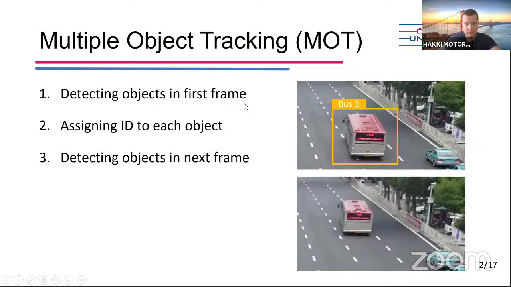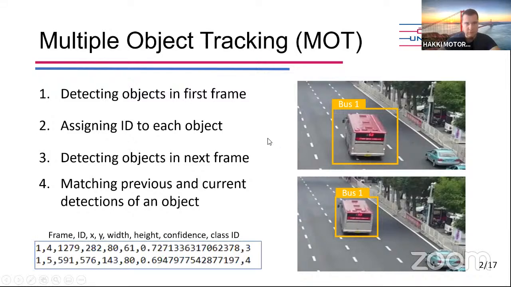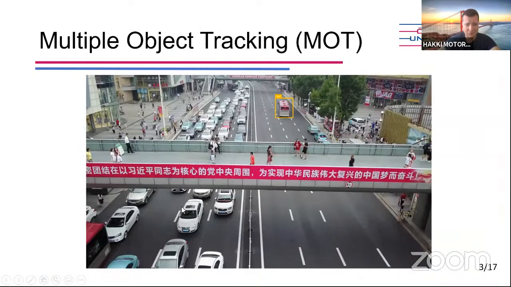In a consecutive frame, we apply the same detection procedure again, and hopefully find the same bus. And our algorithm somehow relates those buses and transfers the ID. This is how multiple object tracking works. And we have to apply this to every object again and again in every frame.